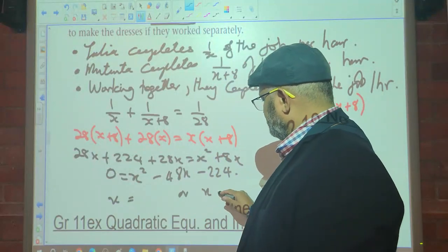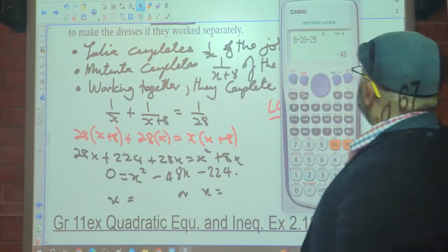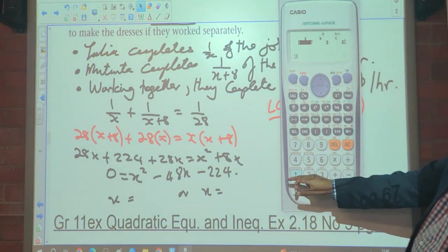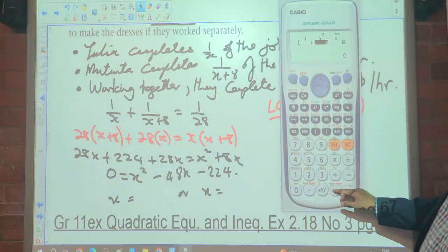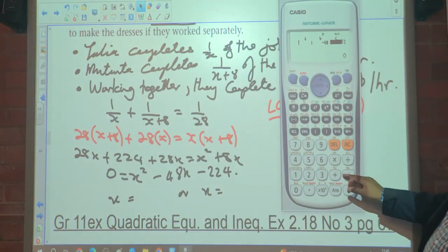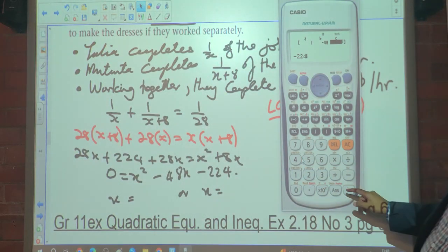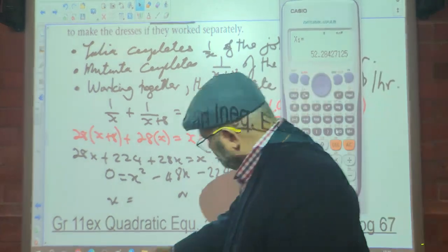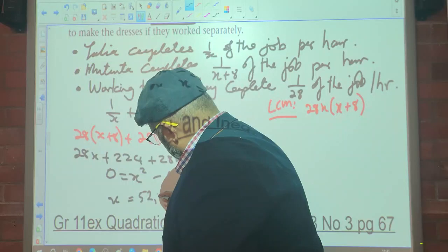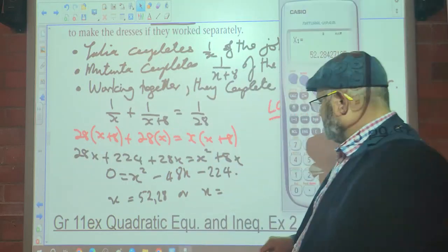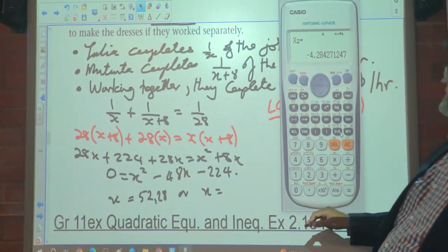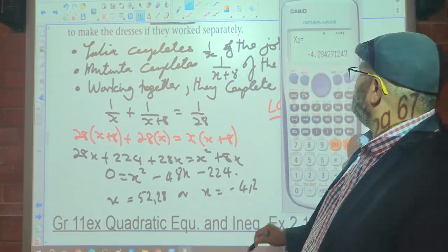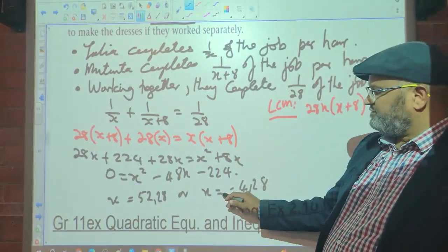X is equal to, so we go, the coefficient of x squared is 1, negative 48 and negative 224 gives us 52.28 or negative 4.28. Can it be negative? No.